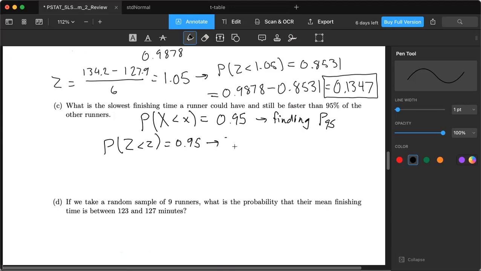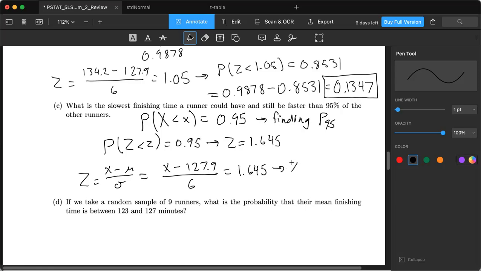So let's go with Z equal to 1.645. Now Z is equal to X minus mu over sigma. So this is equal to X minus 127.9 over 6, and that's equal to the z-score, 1.645.